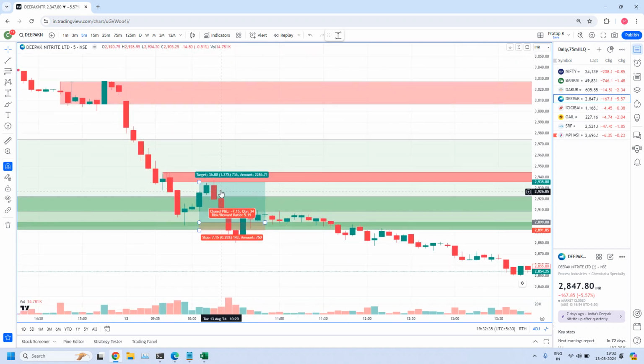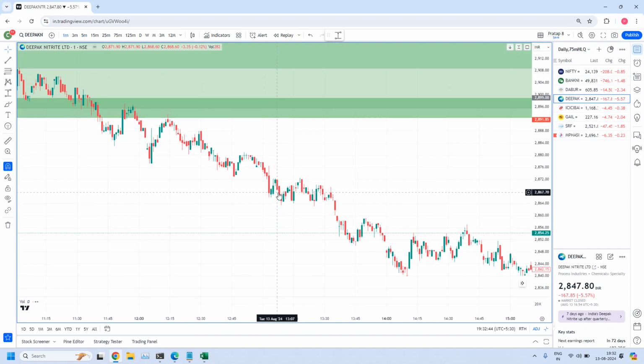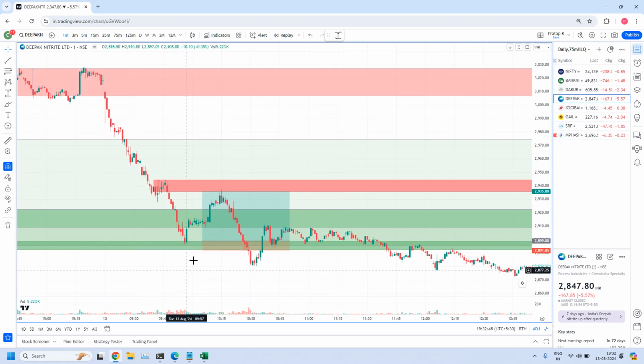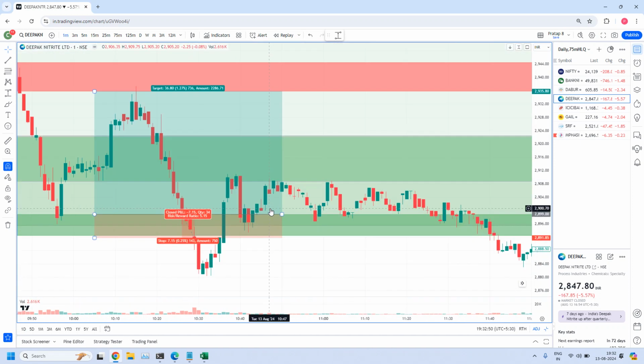So those who exited would have got a good profit, or those who did not exit and used a 1 minute trailing stop loss, let us identify the location where they might have exited. See here, you have a rally, 1, 2, 3, 4 base candles, rally.